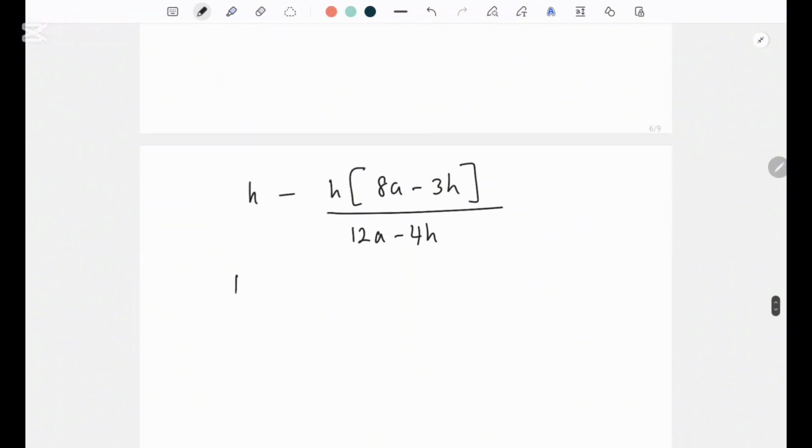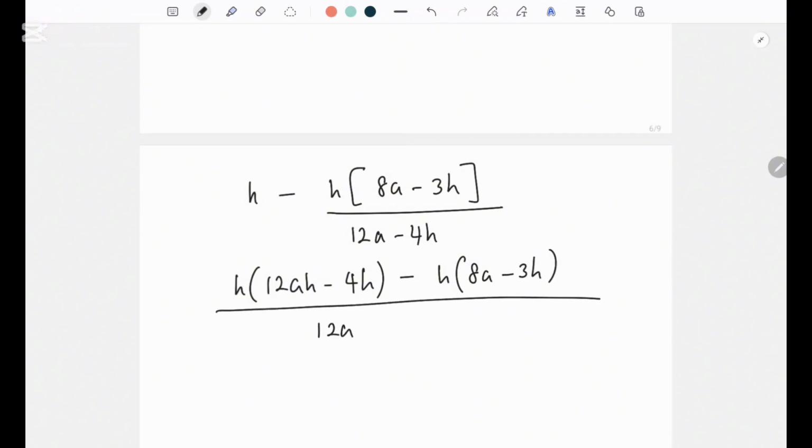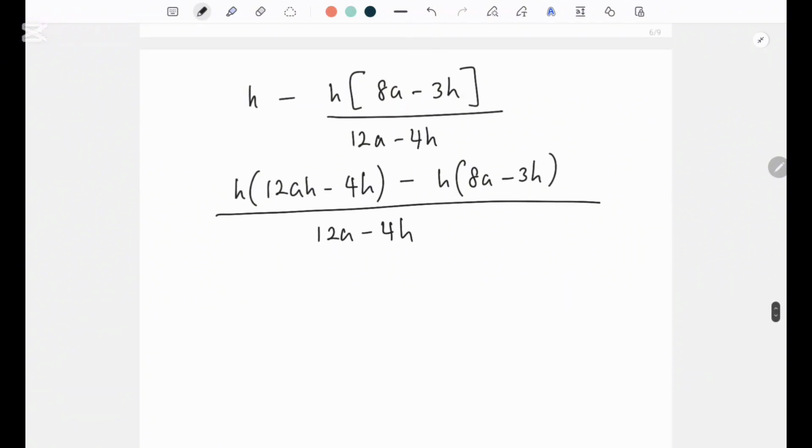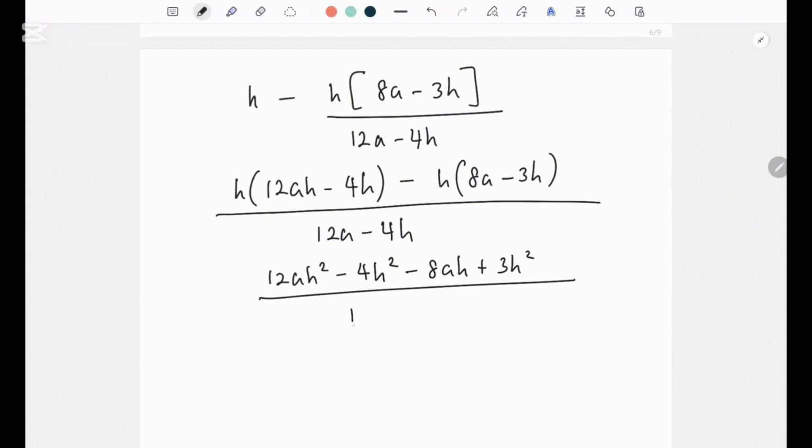So let's get the common denominator. So we have 12h minus 4h minus h into 8a minus 3h over 12a minus 4h. So now you get 12ah squared minus 4h squared minus 8ah plus 3h squared over 12a minus 4h.